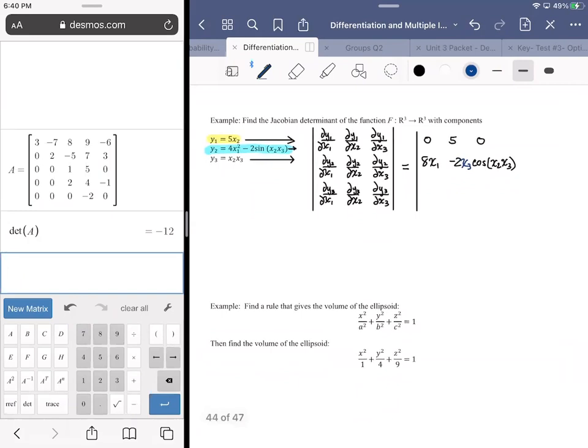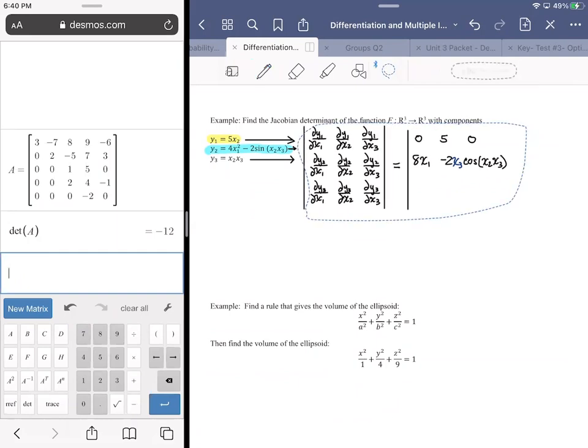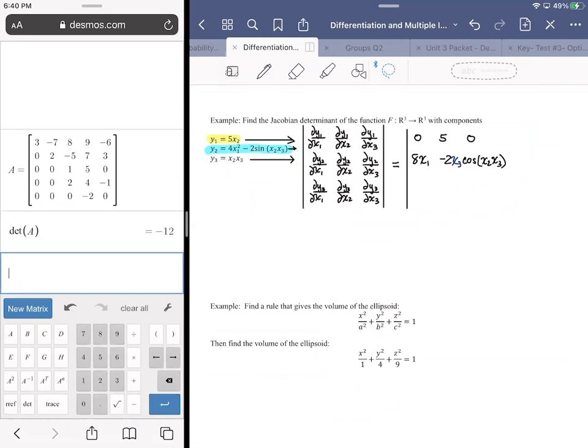We'll see if I have enough room for the last entry. I think I will. If not, I'll shift it over a little bit preemptively. These are going to have to move over now. And then for the last one, there's no x sub 3 in the 4x sub 1 squared, so disregard that.